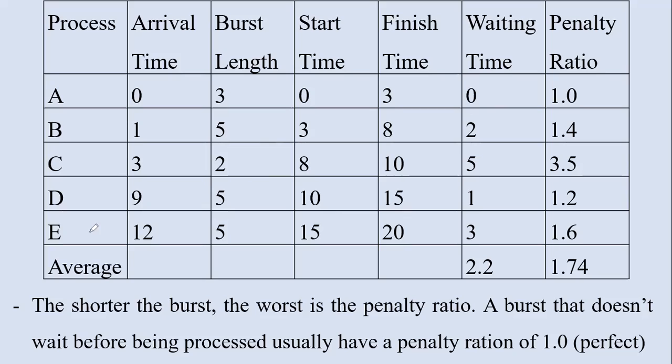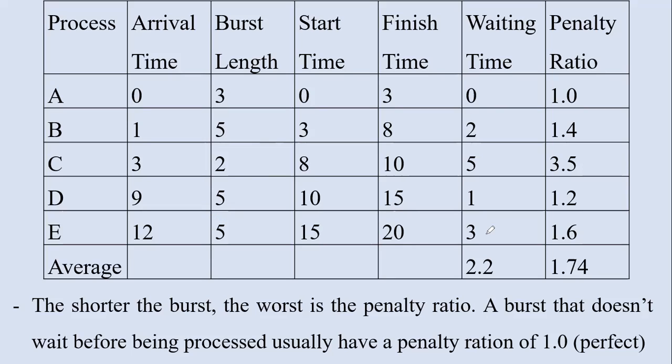Then we have process E. Arrival time is 12. It has a burst of 5. So it will start at time 15, which is the time when process D will finish. And then it will finish being executed at time 20 because it requires a burst of 5.